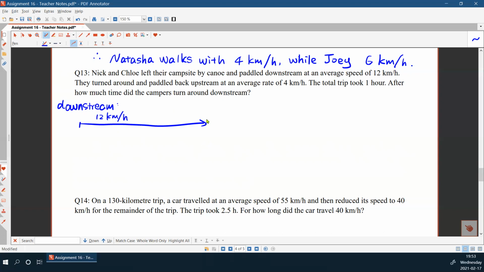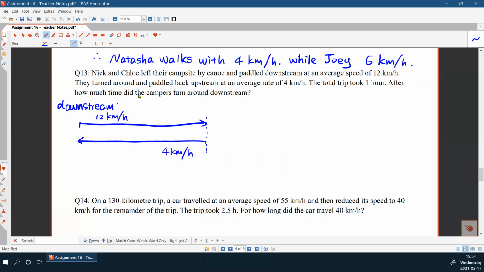And at some point, they turn around, right? And then travel upstream. And this time they are against the stream. So usually you will travel slower, which is 4 kilometers per hour. This is their speed, right?